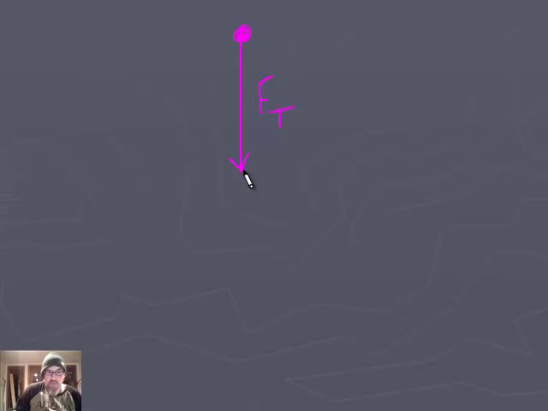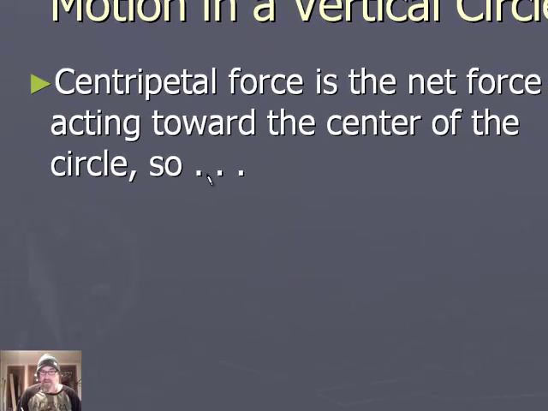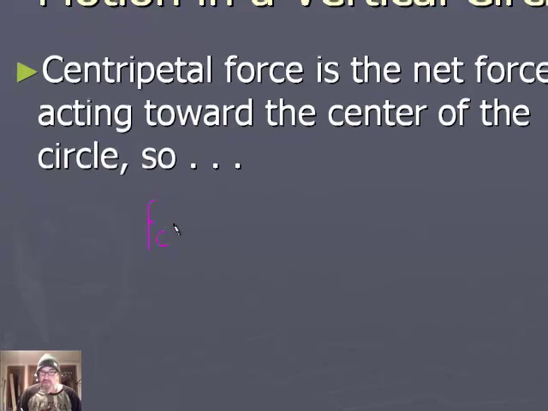But the other force acting towards the center of the circle when it's at the top of the arc is gravity, the force due to gravity, or the weight. Both of these together are what make up the centripetal force. So since centripetal force is the net force acting towards the center of the circle, Fc is equal to the tension in the string plus the weight.